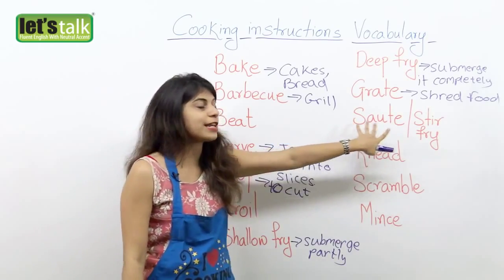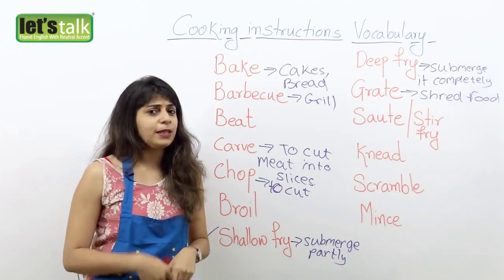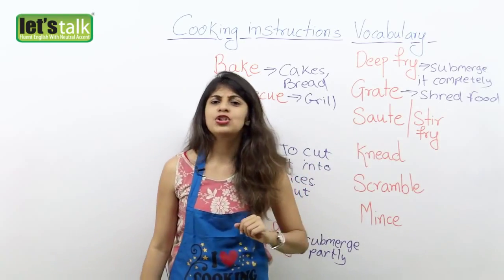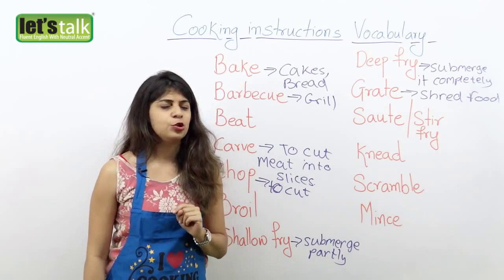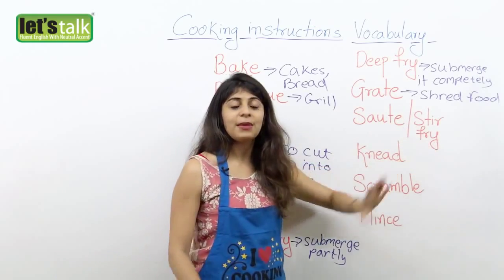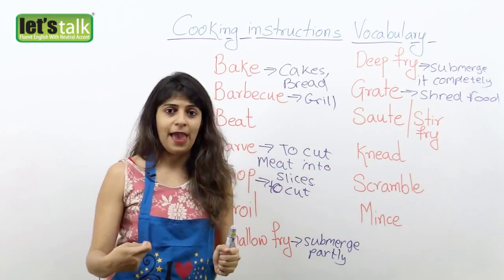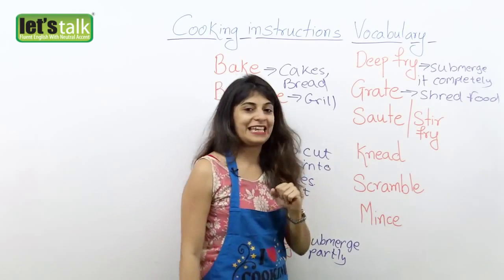So that's called saute or to stir fry veggies. Extremely healthy. Probably you can saute or stir fry your veggies every night and that should be your dinner. Trust me, it's extremely healthy. So that's what saute or stir fry means, when you mix it in your frying pan with a little bit of oil.